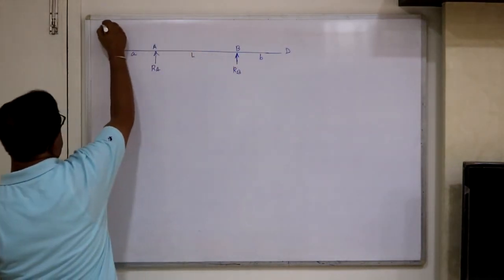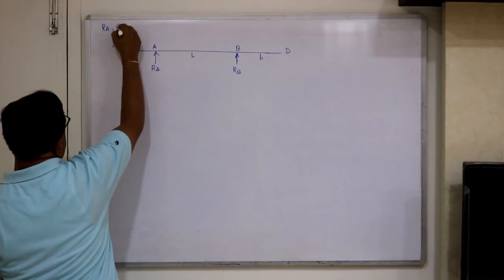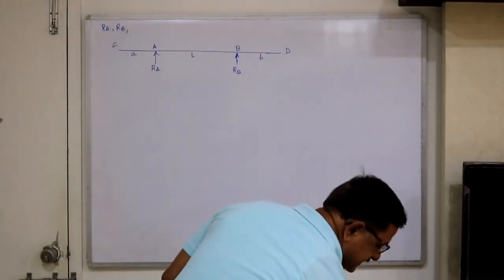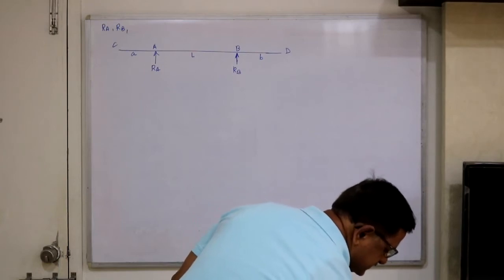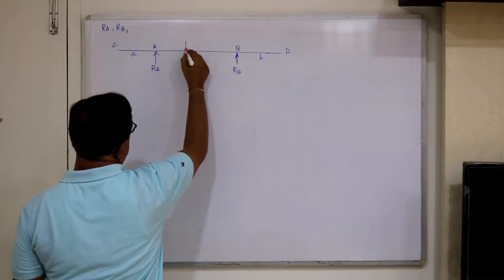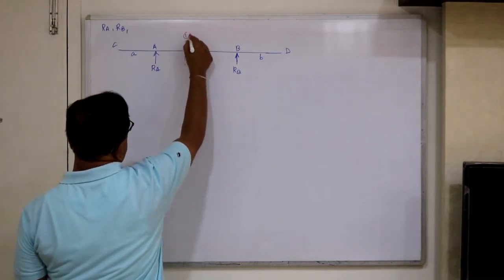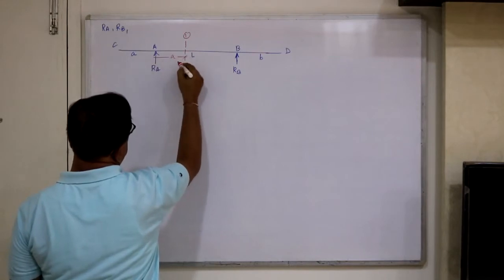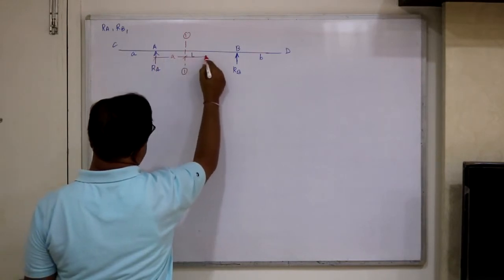So construct ILD for RA, RB. Then next, let's take the sections, say this one at a distance A here and remaining distance B.